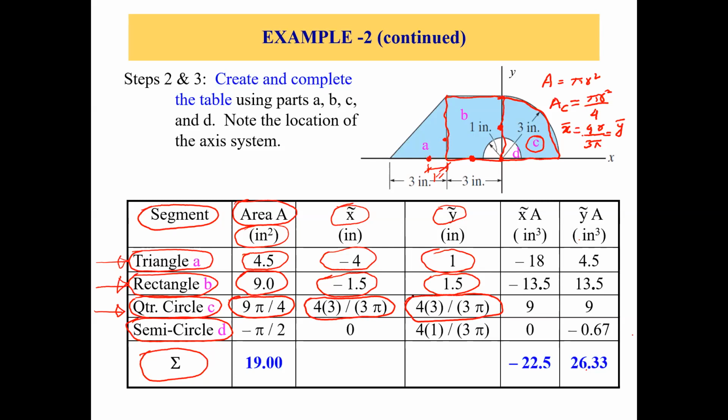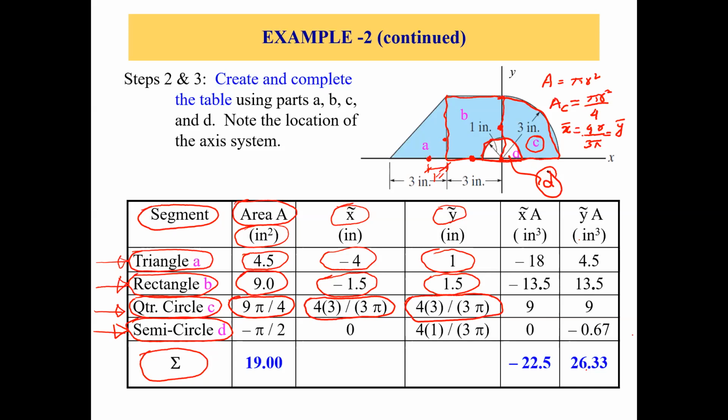Now let's talk about this semicircle, part D. This is your part D, and it is a semicircle. Now what is the area? We know that pi r square is for a full circle, so for a semicircle it will be 1/2 times pi r square.